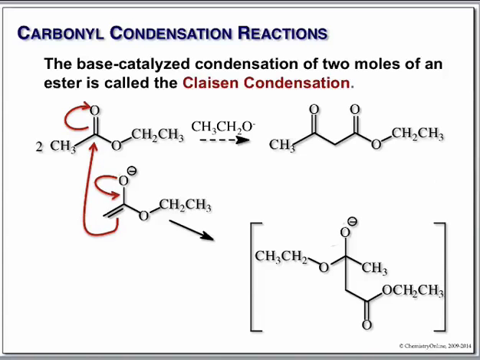Our leaving group is ethoxide, and if you notice up here, our solution is swimming with ethoxide. So it's a very fine leaving group. When this tetrahedral intermediate collapses, the electrons will move in, ethoxide will move out, and we wind up with, in this case, ethyl acetoacetate.